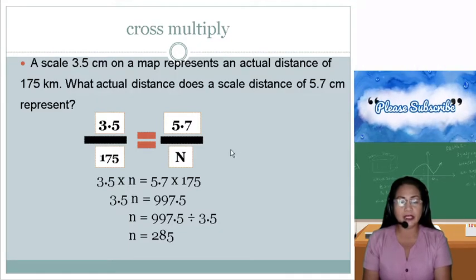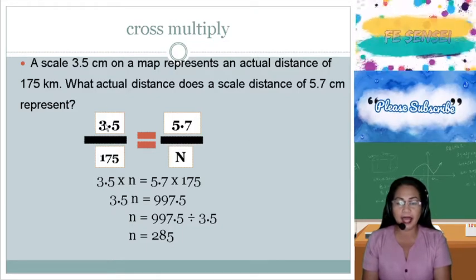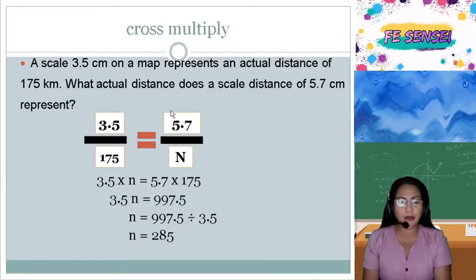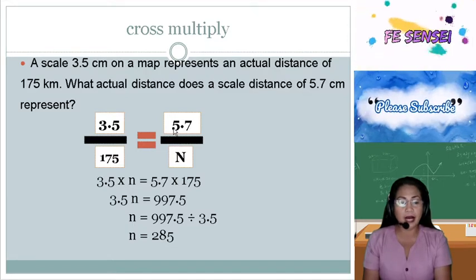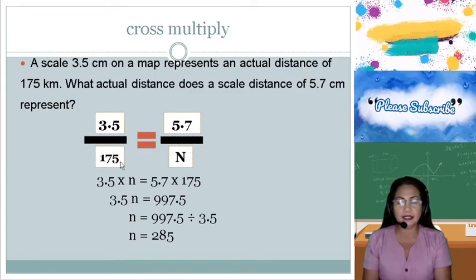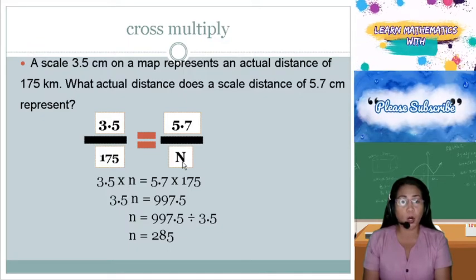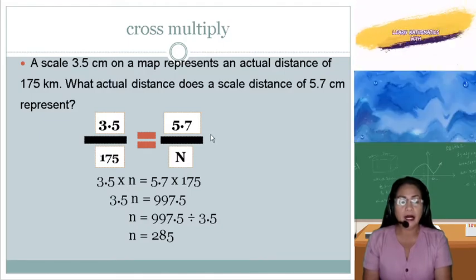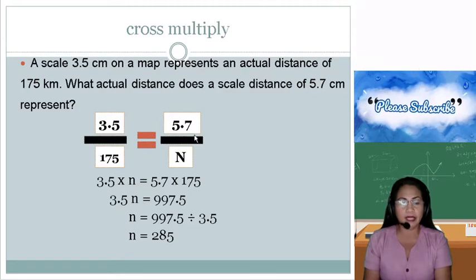And the question is, what is the actual distance? So this is the scale, 3 and 5/10. Then the numerator for the other fraction is also the scale, 5 and 7/10 centimeter. And the actual distance is the denominator, 175 kilometers, and we're looking for the value of n, which is the equivalent actual distance of the scale distance 5 and 7/10.